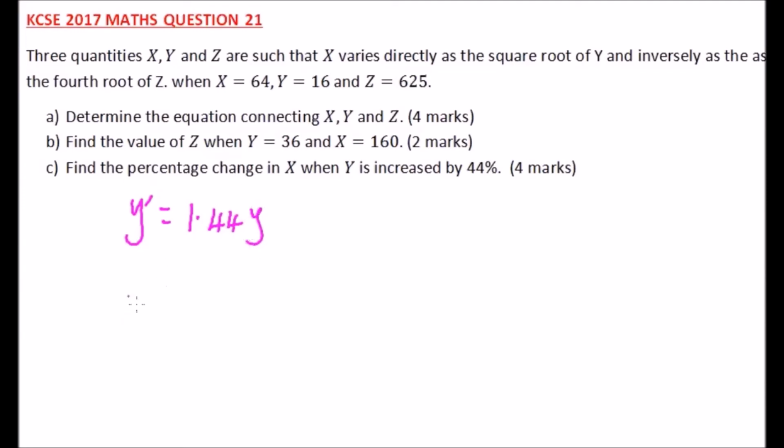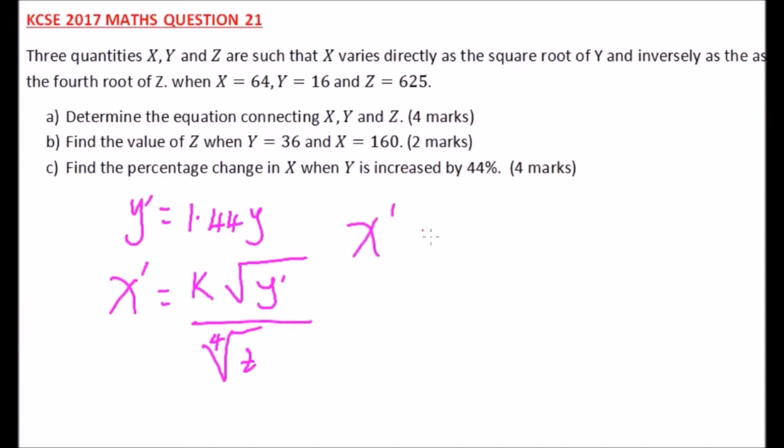And therefore, our new x, which is x prime, is equal to k, the square root of our new y, divided by the fourth root of z.